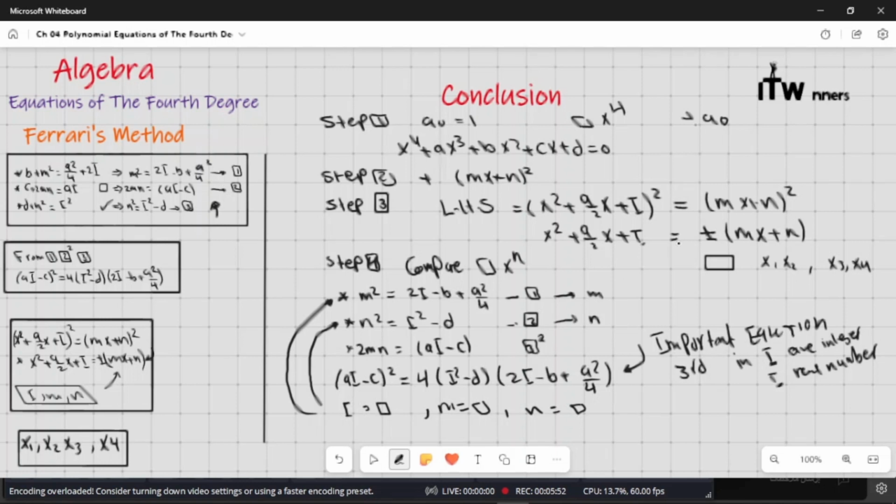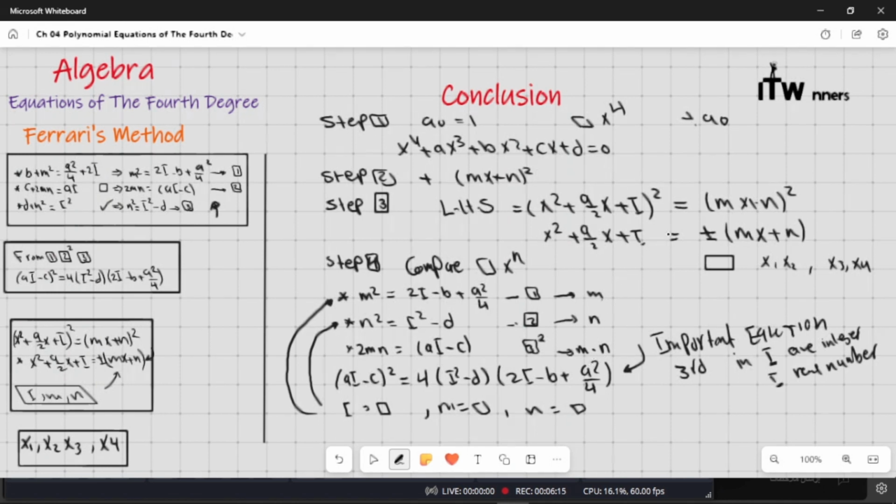Okay, just substitute in this quadratic equation the values of m, n, and I, and don't forget the relation between m and n.